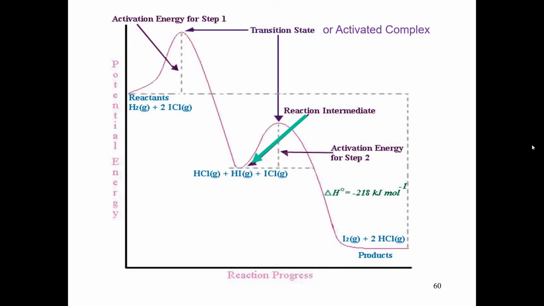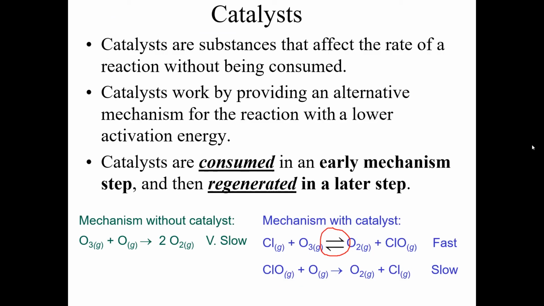When we discuss the factors that affect the rate of a chemical reaction, one of the factors we mentioned then were catalysts. We briefly defined them, but we want to study them in a little more detail now. Catalysts are substances that affect the rate of a reaction without being consumed.